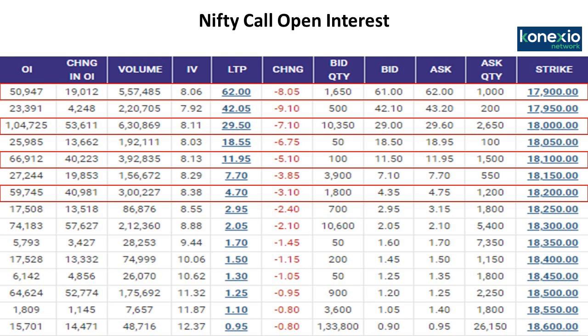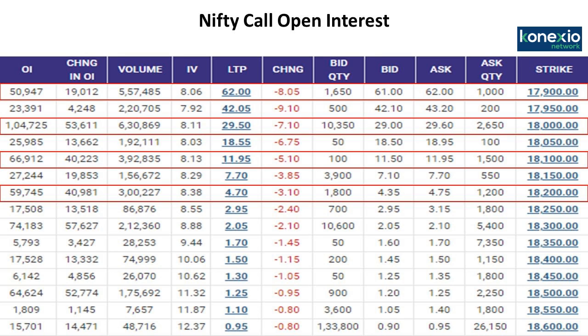Now on immediate basis, looking at this data, the percentage change in the option premium is minor weak, but looking at this data, we feel that Nifty might test the psychological mark of 18,000 next week, and from there we might see some sort of profit booking coming in at the higher levels.